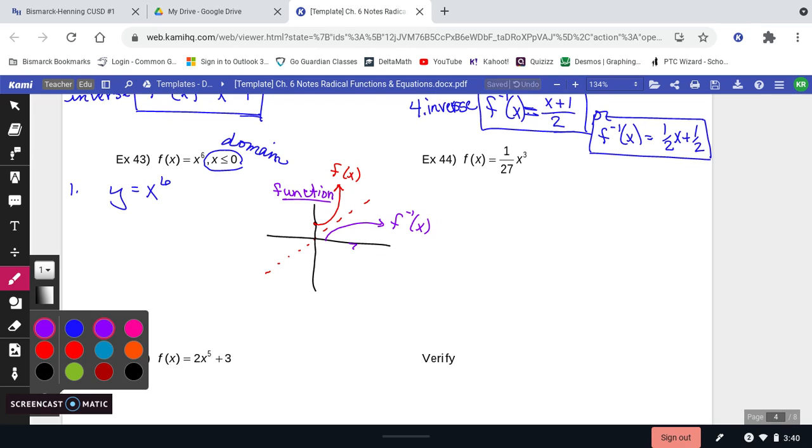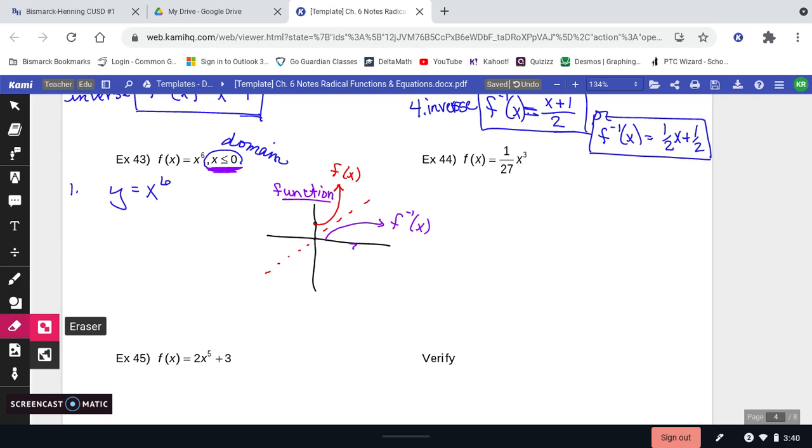Okay, so that's a lot to say that sometimes you're going to have a statement like this where your domain is restricted, and that's the reason why: you're only going to look at a portion of the graph instead of the whole graph.